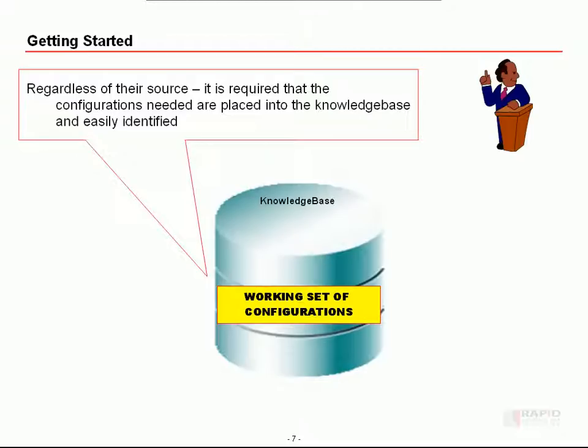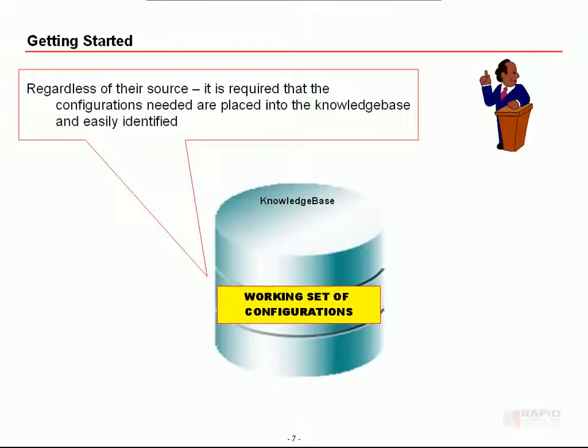So regardless of where the data is coming from, those configurations are needed, and they're needed in the knowledge base. And we're going to call those our working set of configurations. I call them the working set because there may be many other configurations in there.